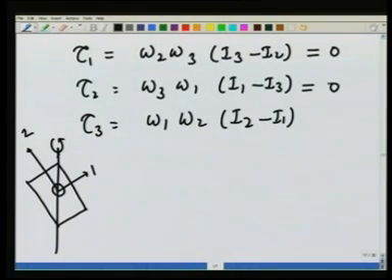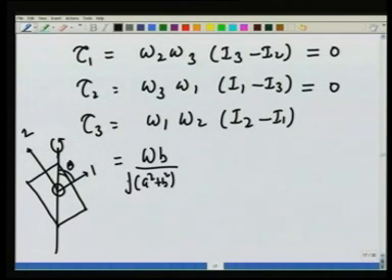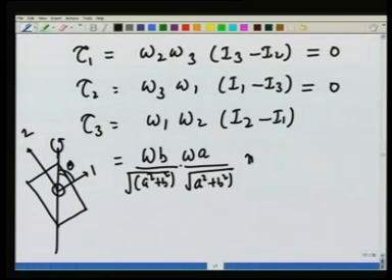How about tau 3? It comes out to be omega 1, which is omega cosine of this angle. So, this will come out to be omega times b over square root of a square plus b square, times omega 2, which is omega sin theta, which is omega a over square root of a square plus b square, times I2 minus I1, which is m over 12 (b square minus a square).